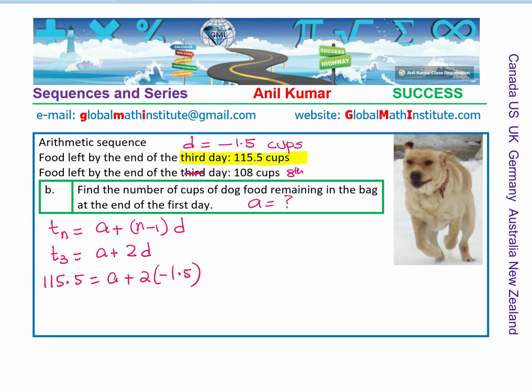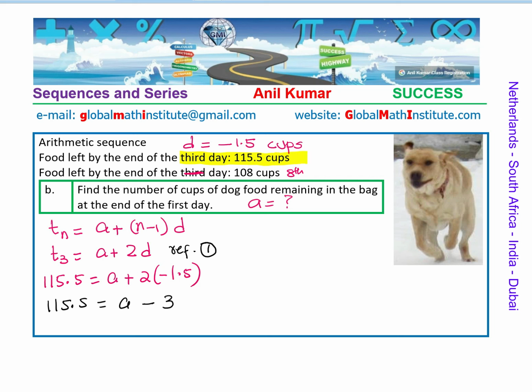Makes sense, right? So you see, from our equation number one, refer to equation number one. So we need to find the value of A. It is a matter of rearranging the equation and solving. So let's rewrite this as 115.5 equals A minus 3, so 2 times 1.5.